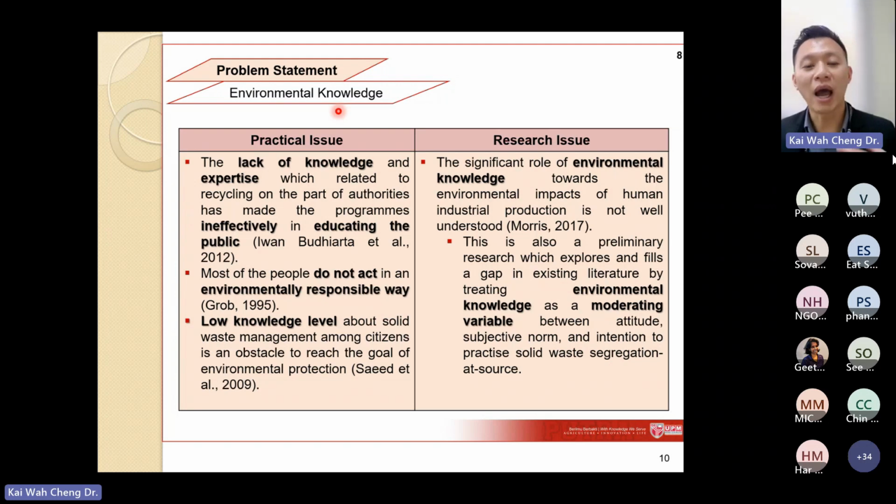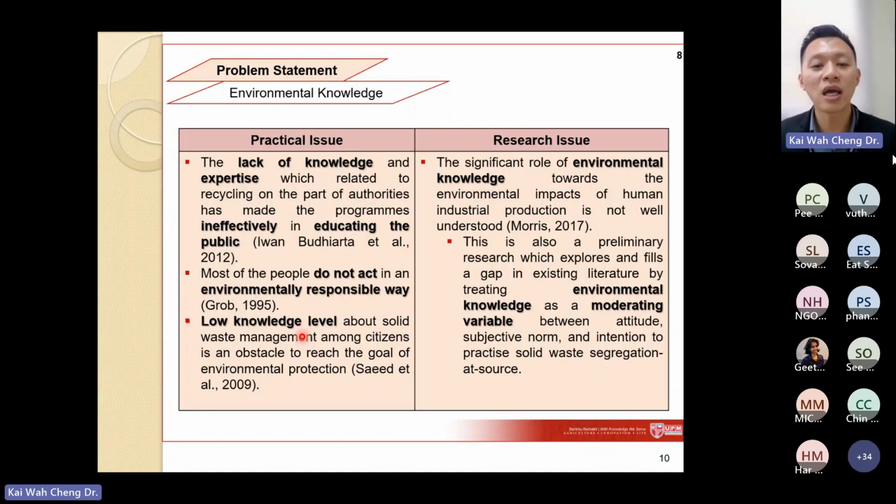So I needed to prepare the problem statements regarding environmental knowledge. You can see on your screen the important points that I extracted from online articles. For example, low knowledge level of the citizens. This situation will create a huge volume of solid waste, and this will lead to environmental pollution.